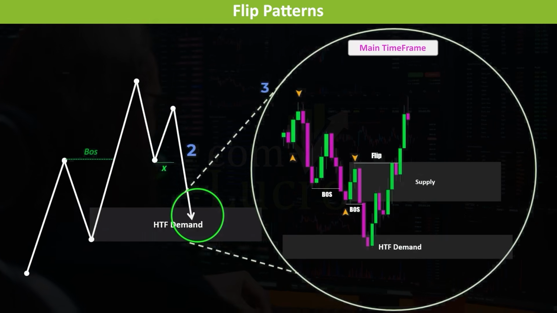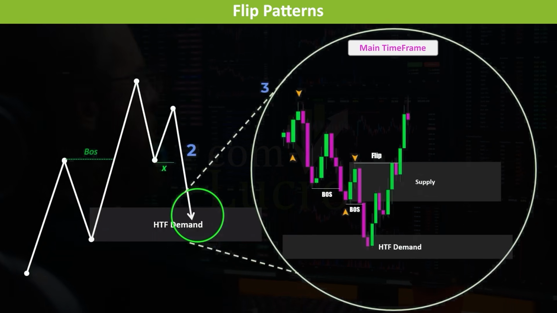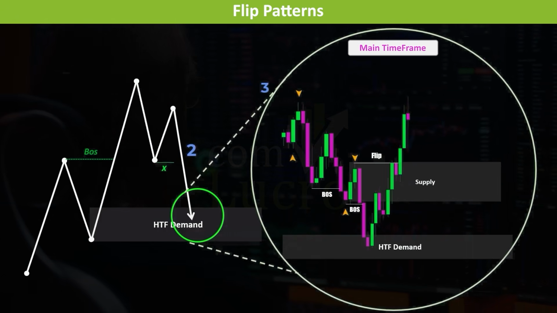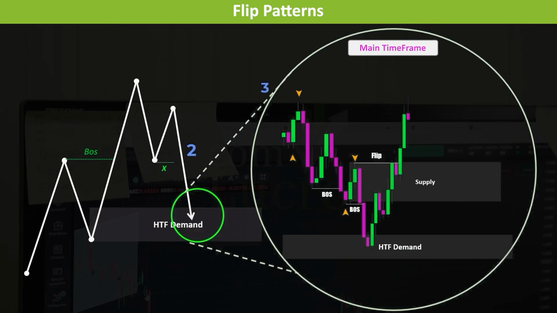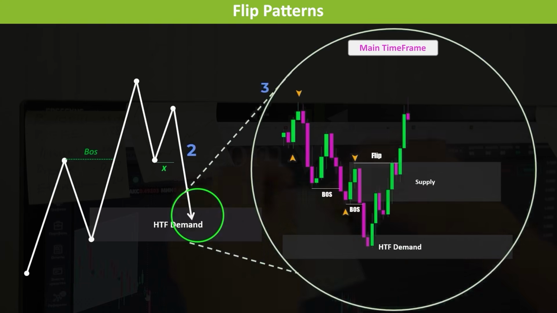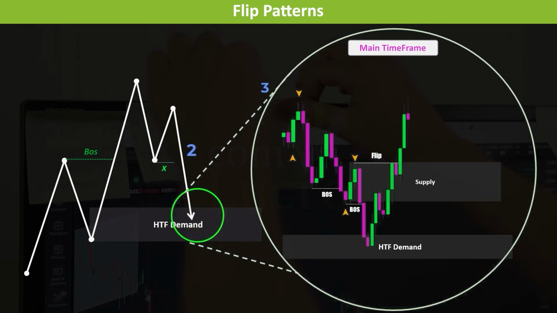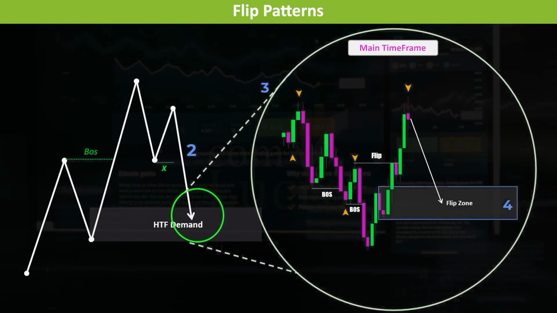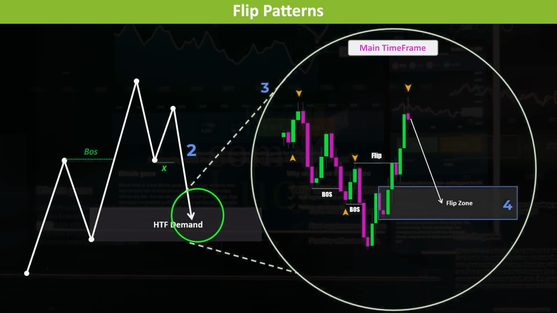From there, trace back to the origin of the bullish expansion move, the reaction phase that initiated the break. That origin point becomes the flip zone. This flip tells us that the temporary bearish retracement is ending and that bullish momentum is returning. At this stage, we expect price to realign with the higher time frame trend. The next step is to highlight the flip zone on the main time frame, then wait for price to return to that zone.